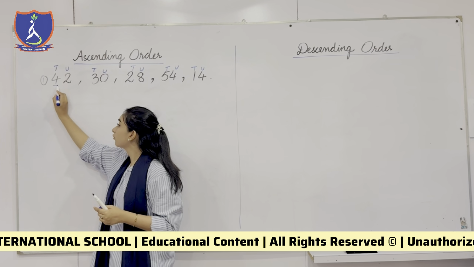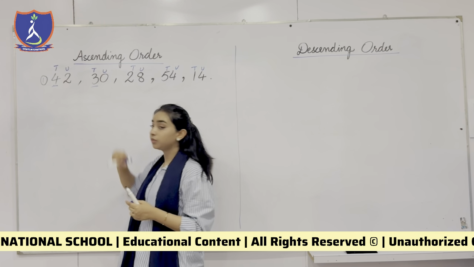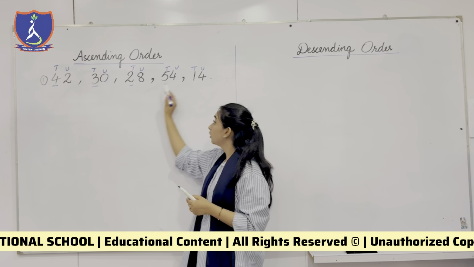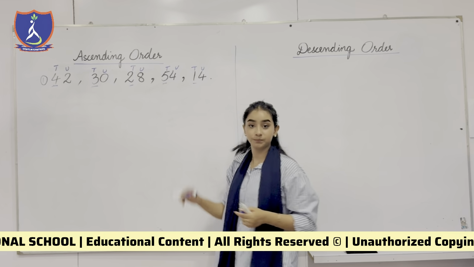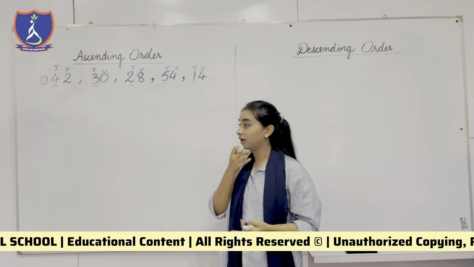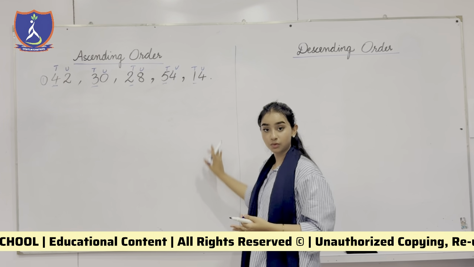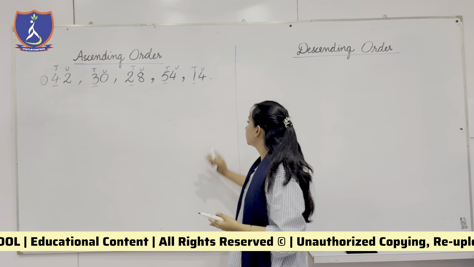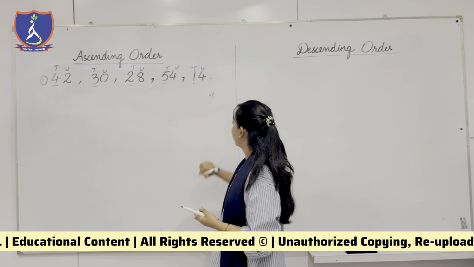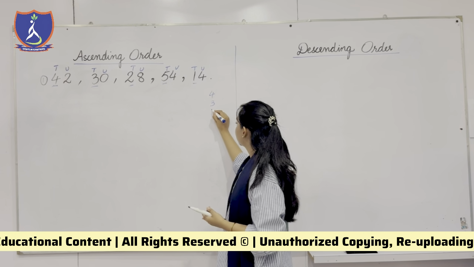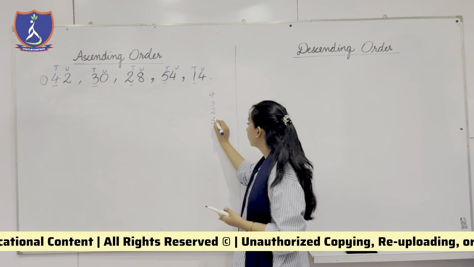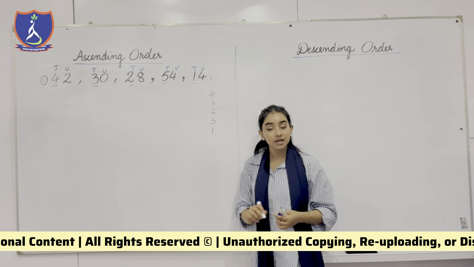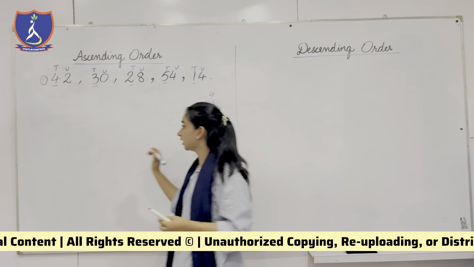We have the tens of 4, we have tens of 3, we have tens of 2, 5 and 1. These are the tens that we have. Let's write down them over here in a sequence. We have tens of 4, then 3, then 2, 5 and 1. Correct? These are the tens that we have right now.